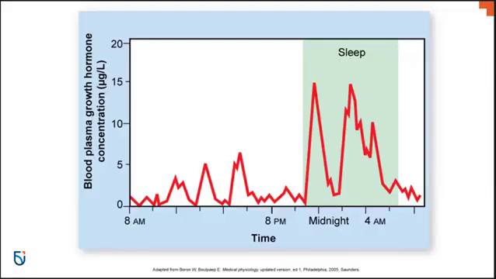Before moving on to the posterior pituitary gland and its associated hormones, I want to show you a graph that shows the secretion of growth hormone. In this example, the amount of growth hormone found in the blood plasma was plotted on a graph every 5 minutes over the course of 24 hours.